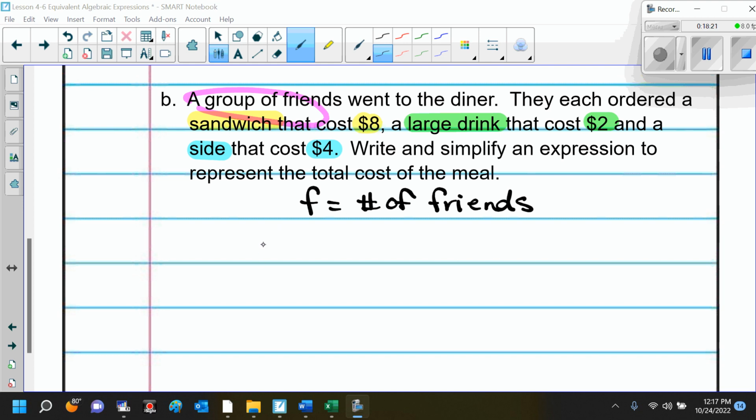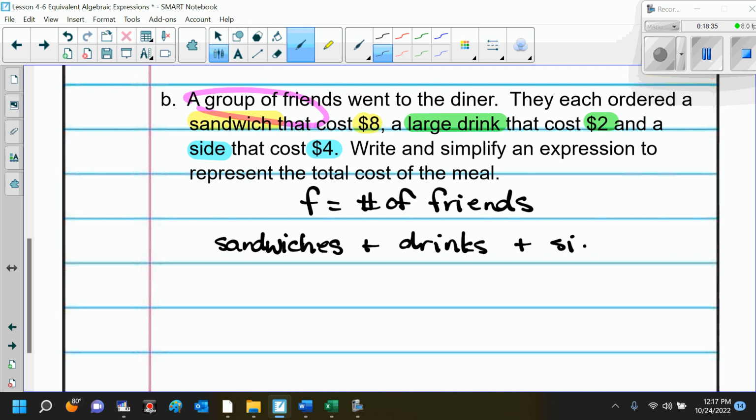What we want to do is know how much it costs for sandwiches plus the drinks plus the sides. So in order for us to figure this out, for sandwiches, we're going to multiply 8 times the number of friends plus $2 times the number of friends and $4 times the number of friends.